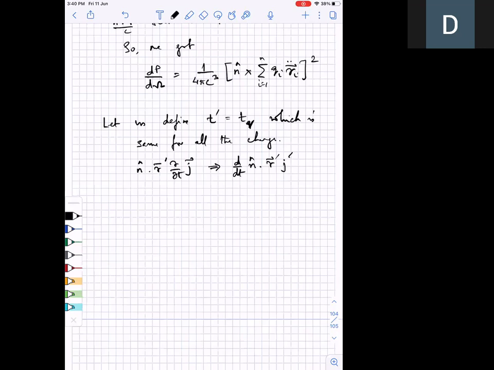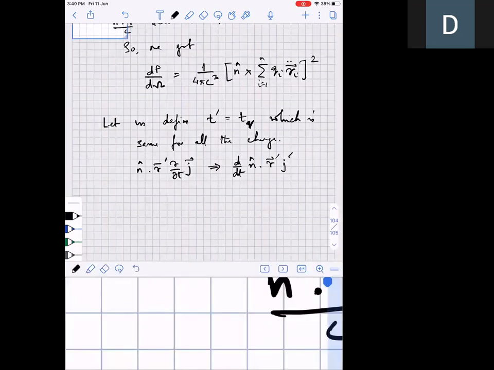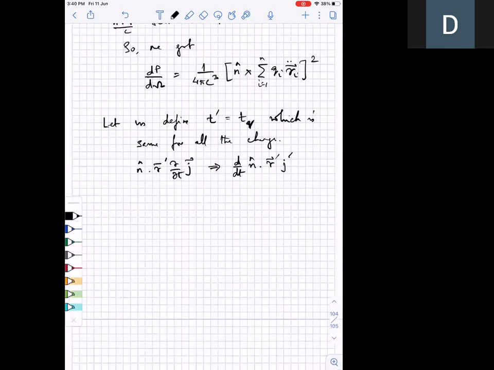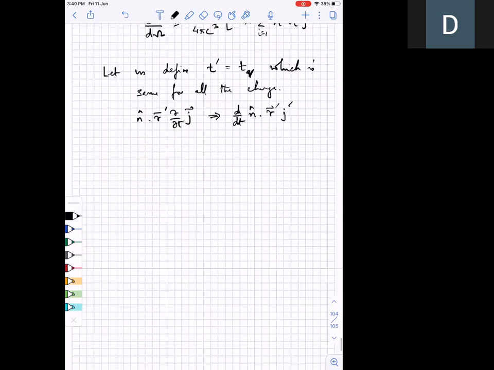So now this becomes something very interesting. You have an n cap r prime j prime. What we need to calculate now is this quantity: the integral d cube r prime j at r prime and t_q plus 1 by c.